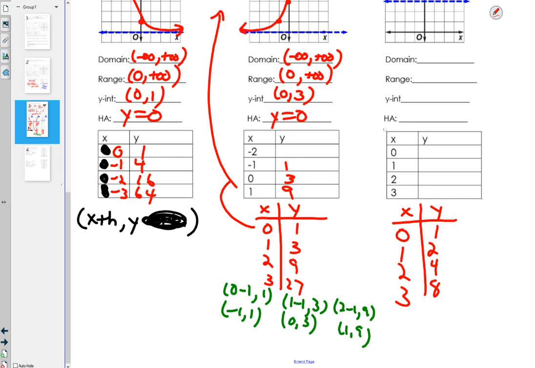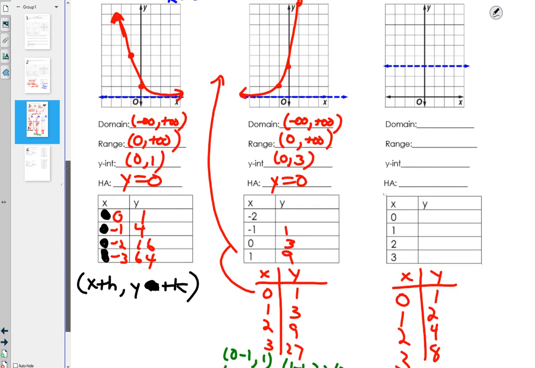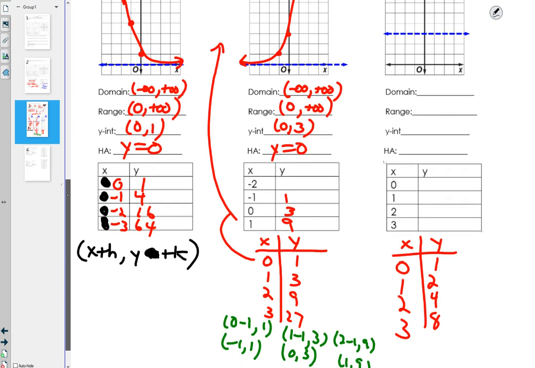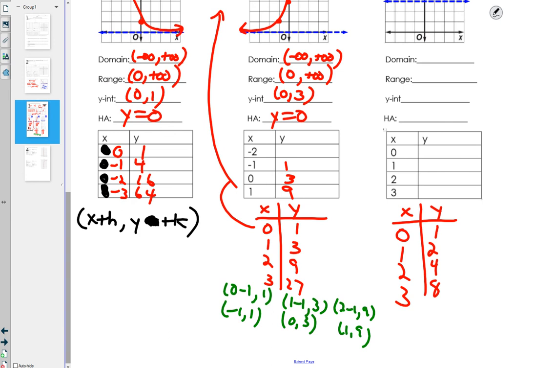But now what I need to do to these, if I'm going to apply this transformation that we had over here, since there's no a here, a is not going to have an effect. I just have to go to each of the x's and add h, and then go to all the y's and add k. h is positive 1, I'm sorry.